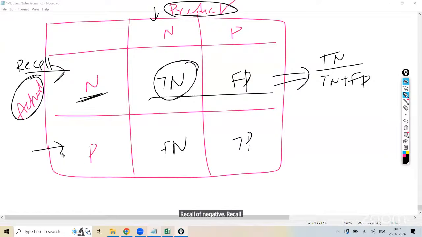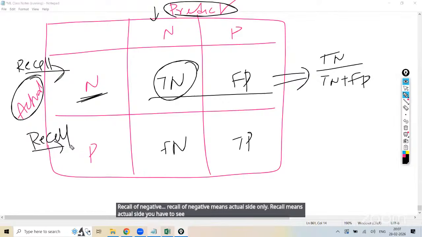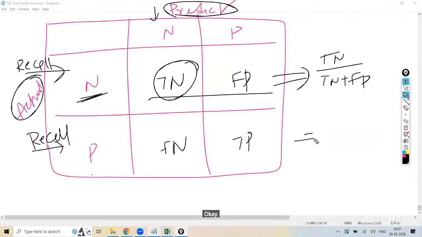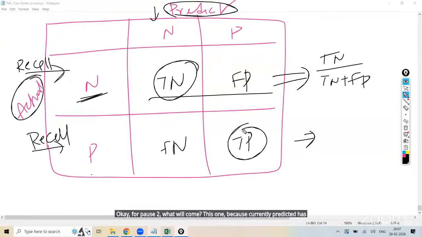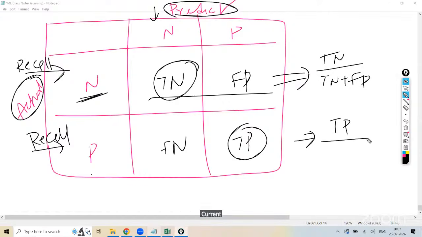Recall of negative means the actual side only. For positive, what will come? This one, because correctly predicted has to be on the top always. TP divided by TP plus FN.